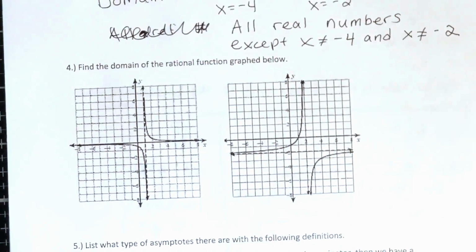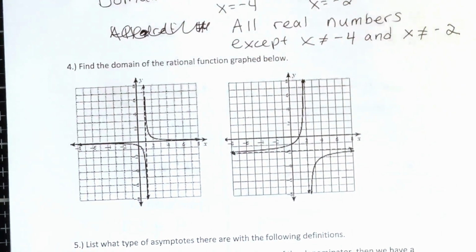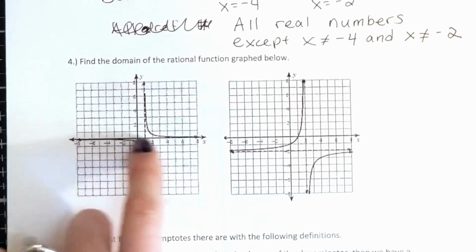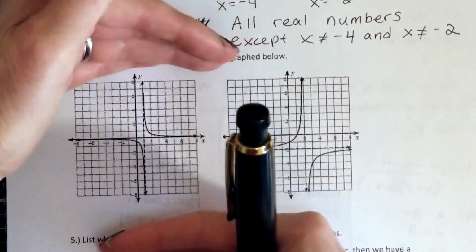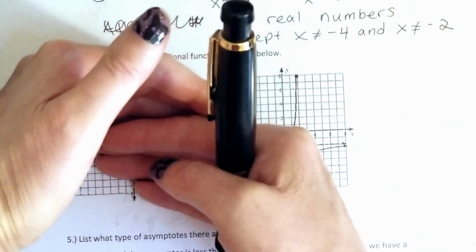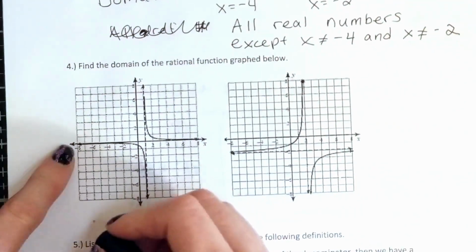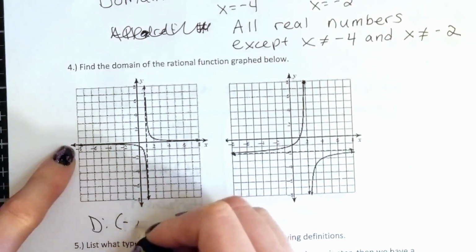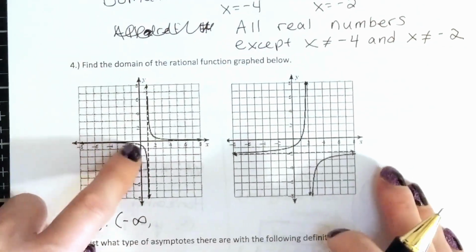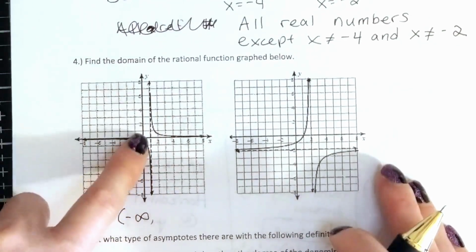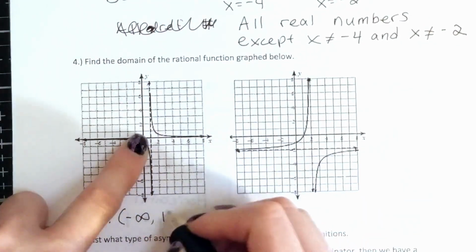Okay, number 4, find the domain of the rational function of the graph below. So you want to list everything on the x's, so I kind of picture smashing the graph against the x-axis. So we would start here at negative infinity, and the graph would keep going until we hit this vertical asymptote, and that is at 1.